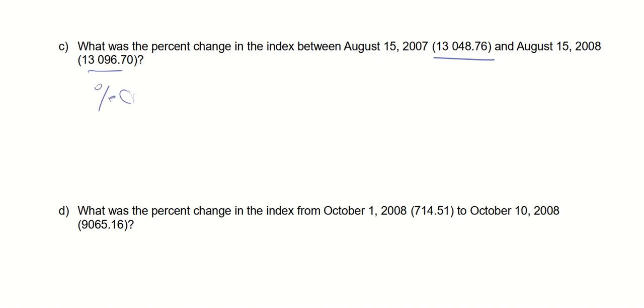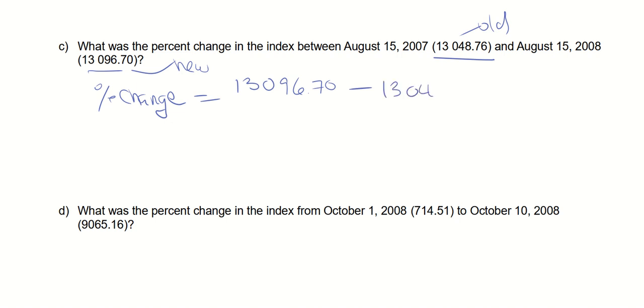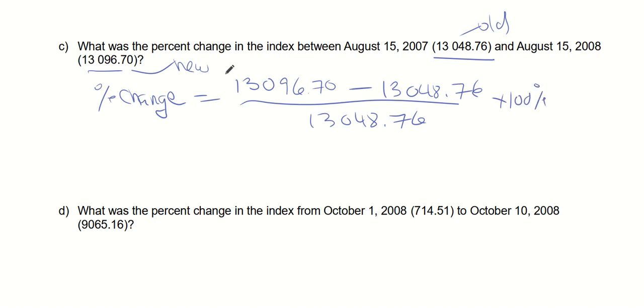So, percent change. This is the old, that is the new, and it is always the new minus old, which is 13,096.70 minus the old 13,048.76, divided by the old 13,048.76, and we have to multiply that by 100% because we're working in percentages.